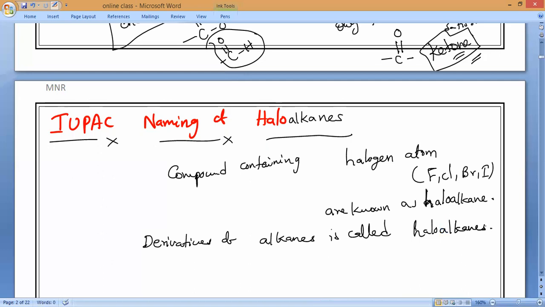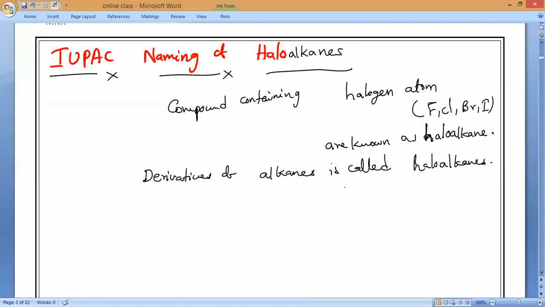Now remember, all of you, for haloalkanes alone we will get a prefix. For all other functional groups, we will get a suffix only. That is the main thing you have to remember.